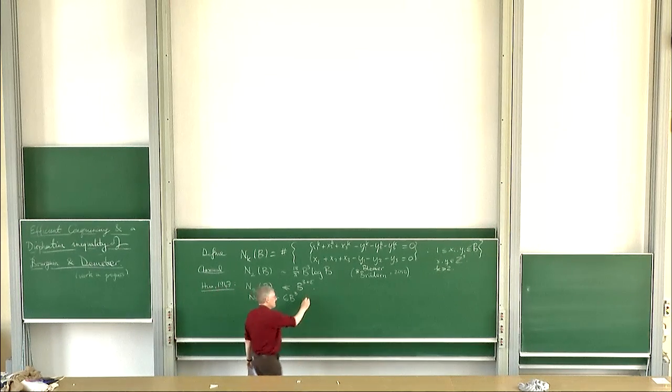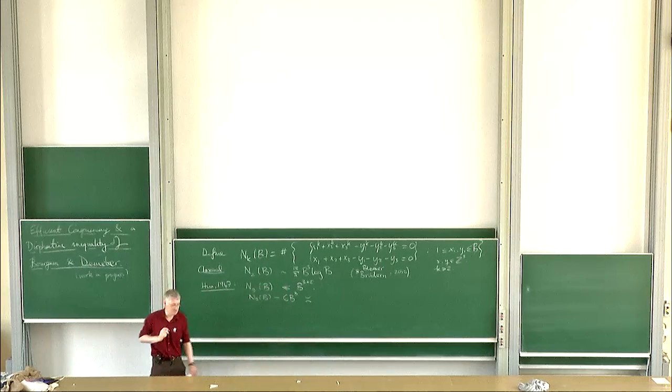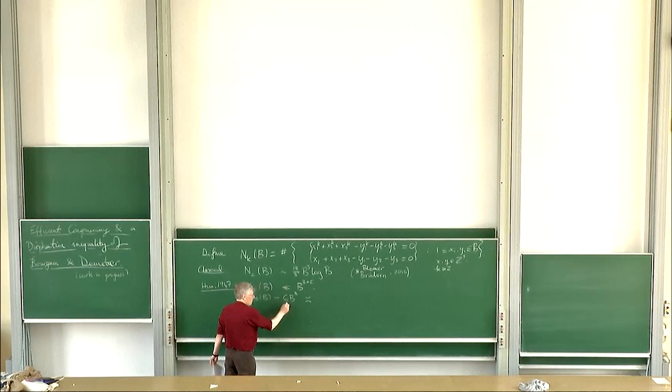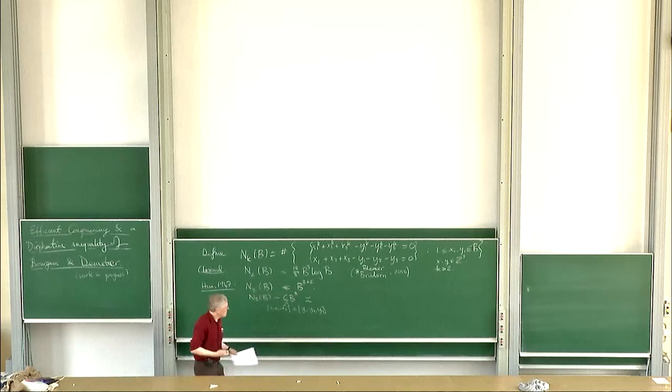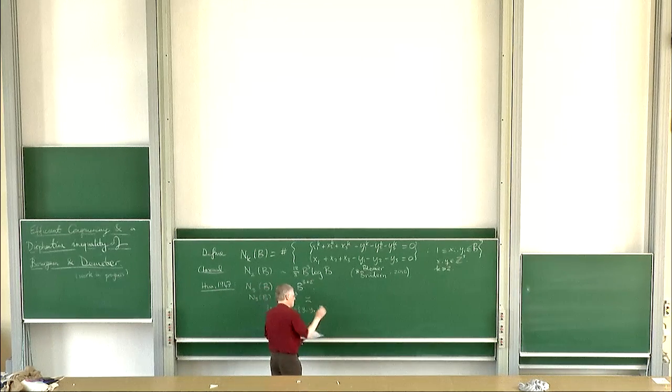And then you can measure how many solutions there are other than these obvious diagonal solutions. So these are the ones where x1, x2, x3, written very small so nobody can see it at the back, is a permutation of y1, y2, y3. And then the other solutions contribute something which has order of growth B squared log B to the 5.